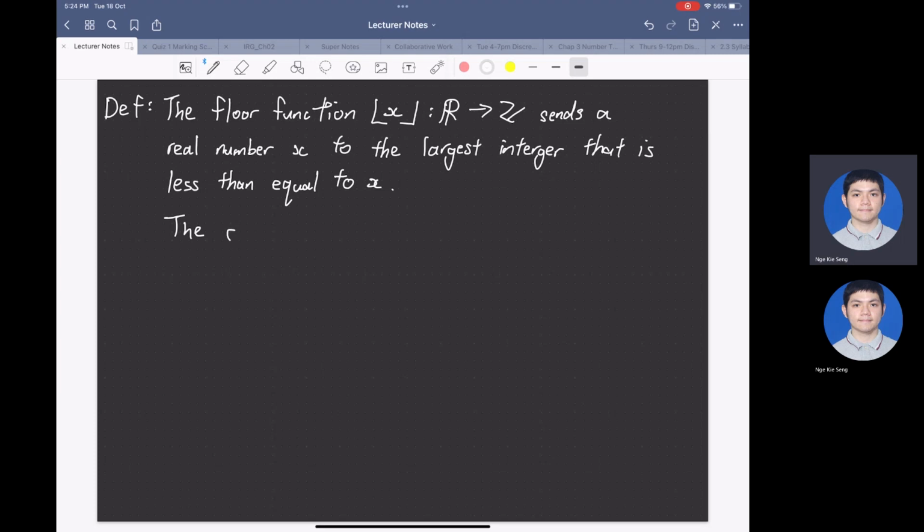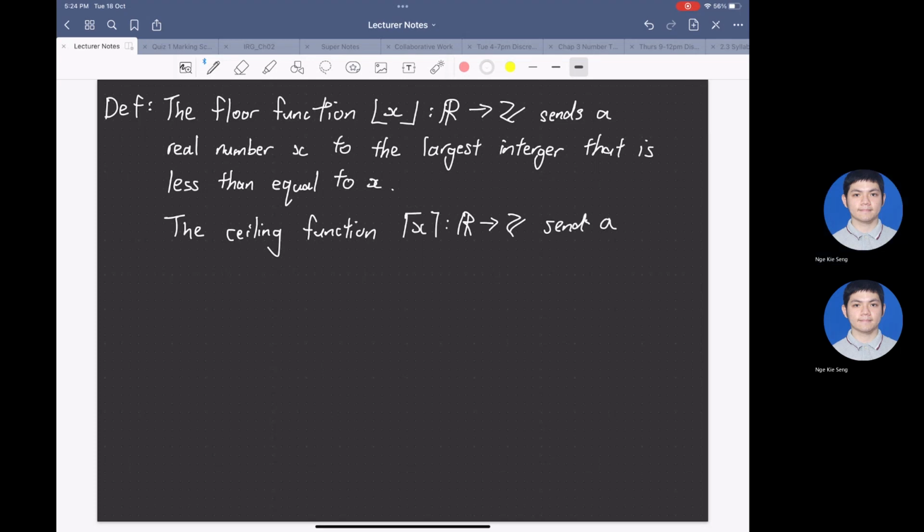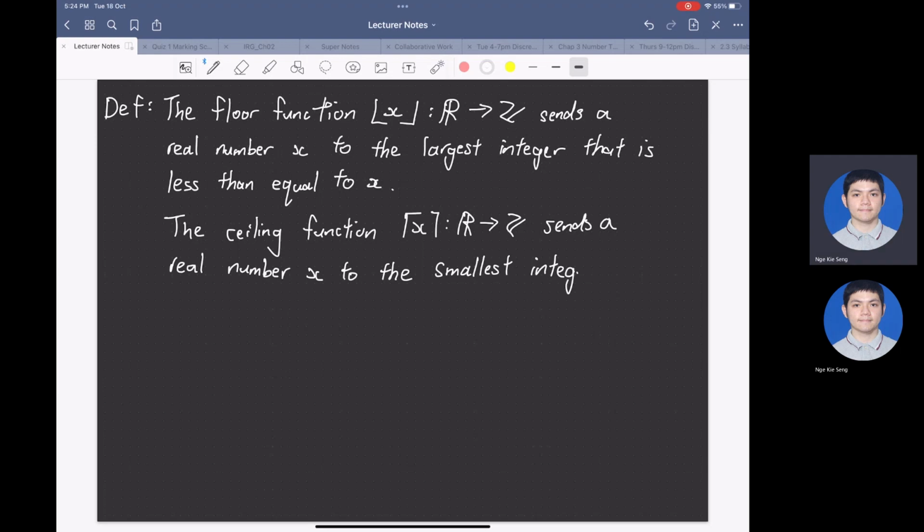And also we introduce the ceiling function. The ceiling function sends a real number x to the smallest integer that is greater than or equal to x.